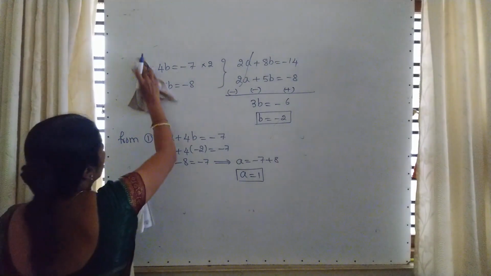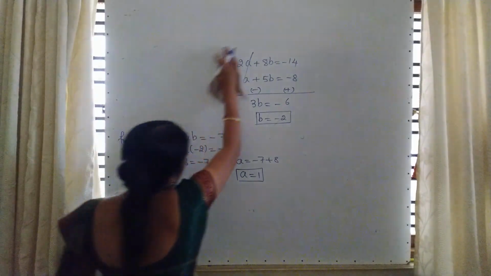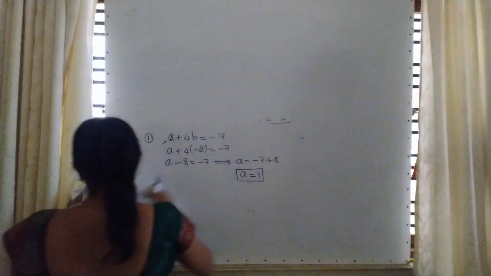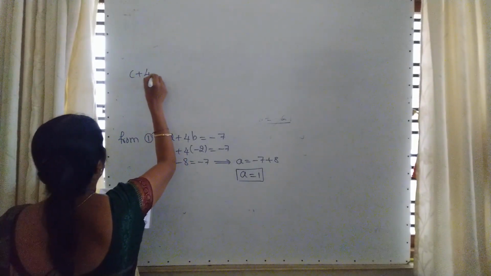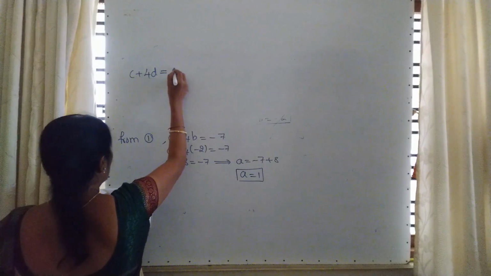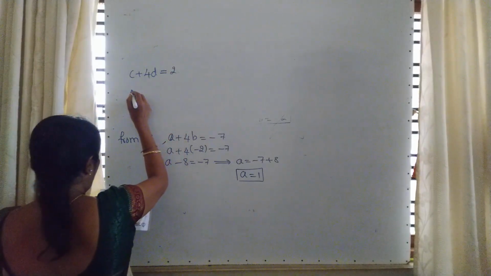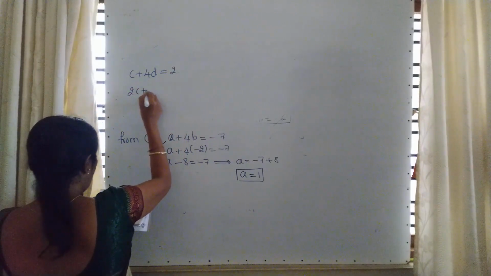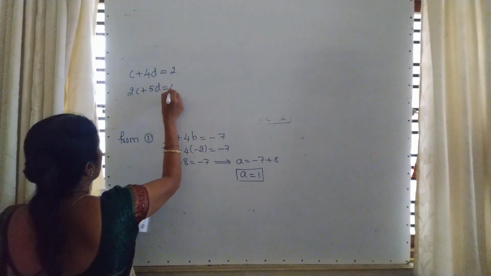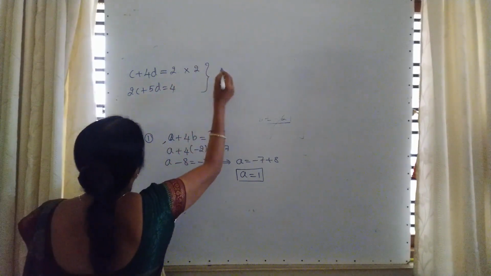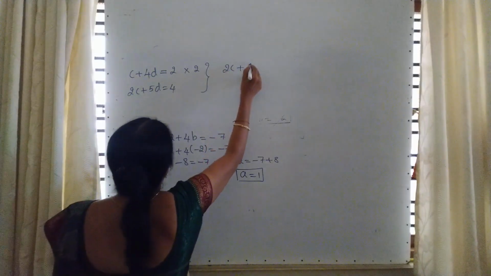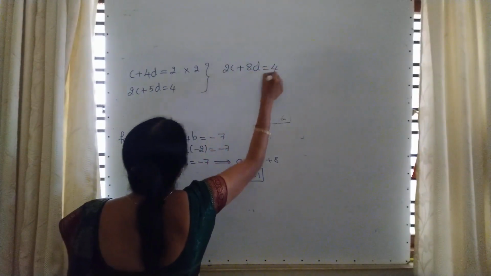From equations third and fourth, I am taking third as C plus 4D is equal to 2 and fourth as 2C plus 5D is equal to 4. So again here I am multiplying this with 2. 2C plus 8D is equal to 4.